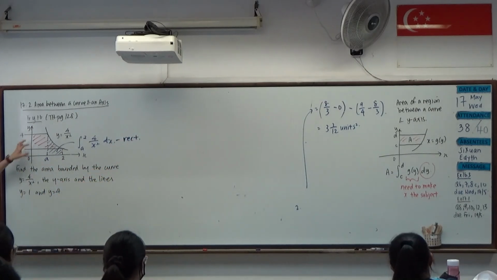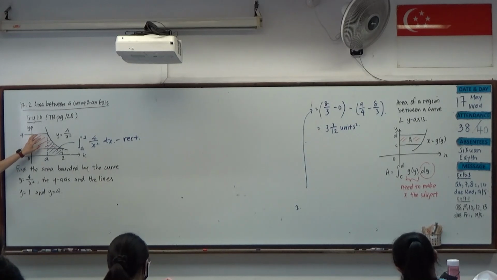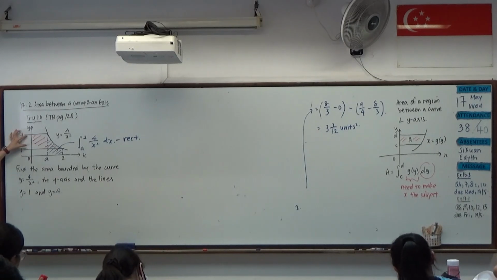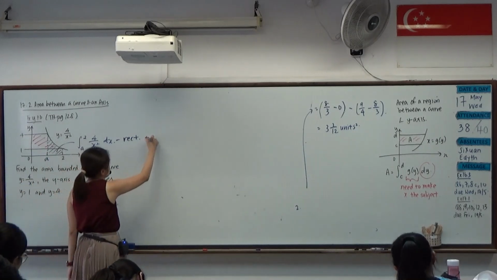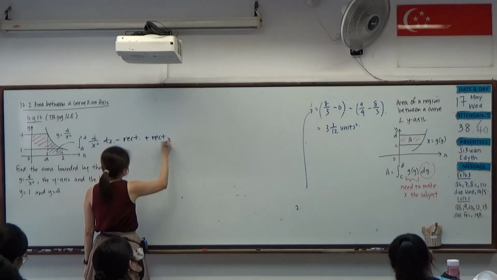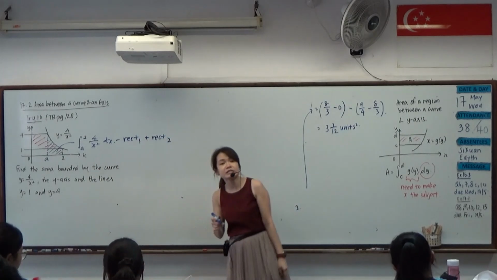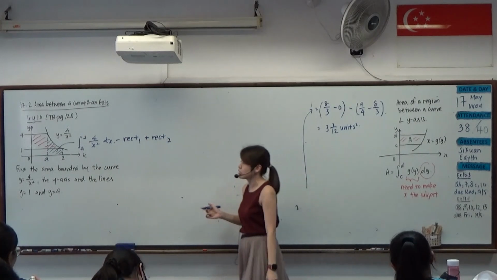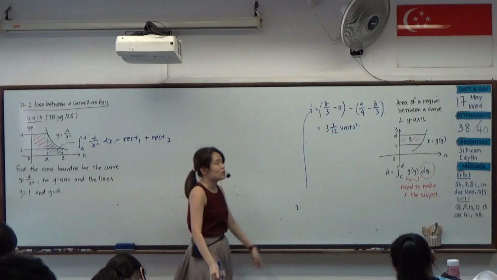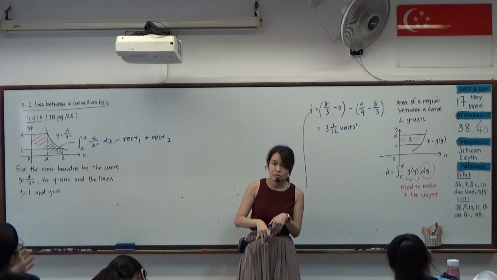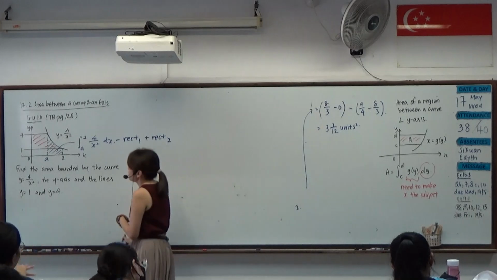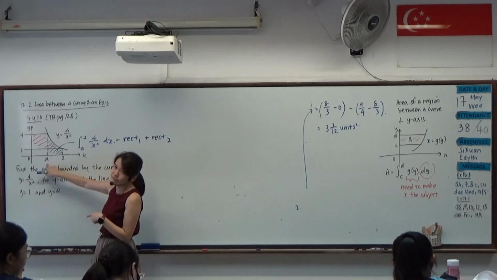And then we still need to include this rectangle over here, which is 1 to 4, that's 3 units, and then this number of units. So plus another rectangle. So it is complicated if you want to actually solve it by making use of the x-axis. So that's challenging, right? Because we need to find out what is this value.